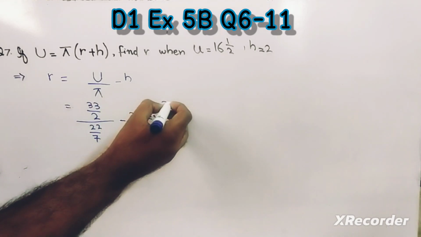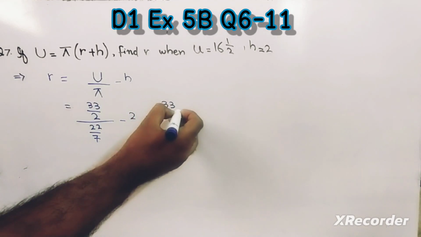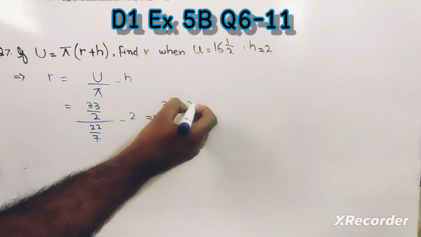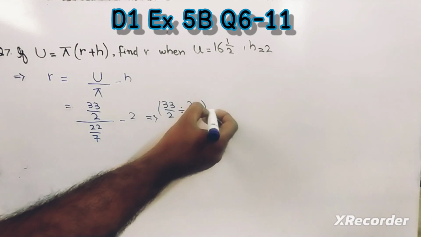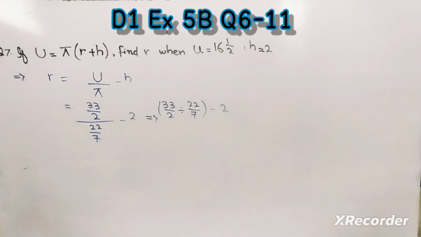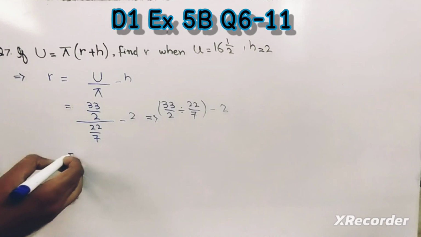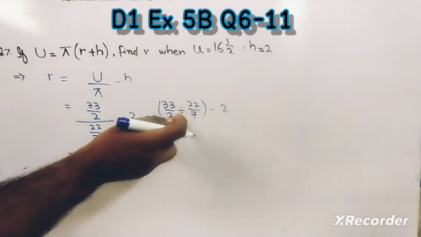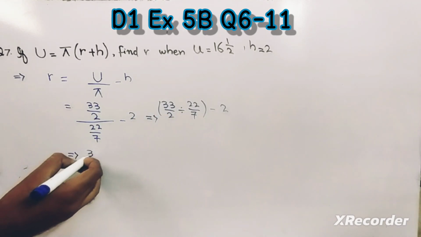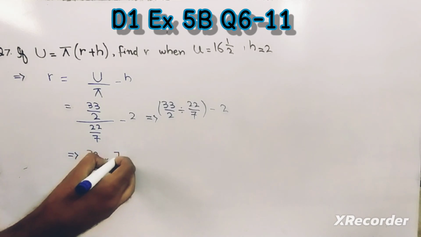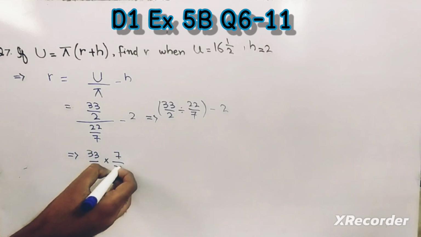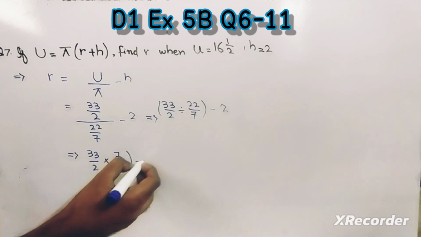Now we can write it as 33 upon 2 divided by 22 upon 7, then this whole thing is subtracted by 2. We reciprocate by changing the sign, like that. 33 upon 2 multiplied with 7 upon 22 and minus 2.